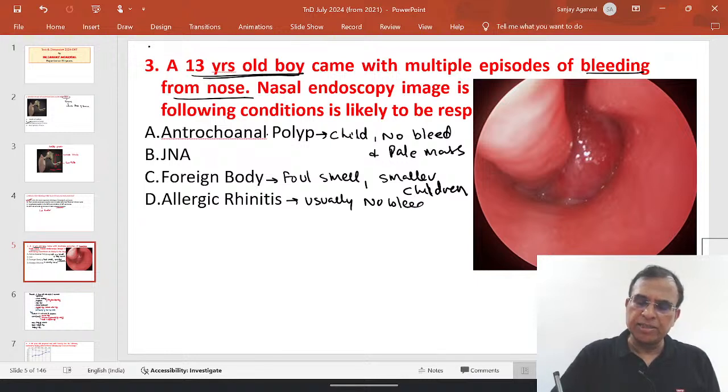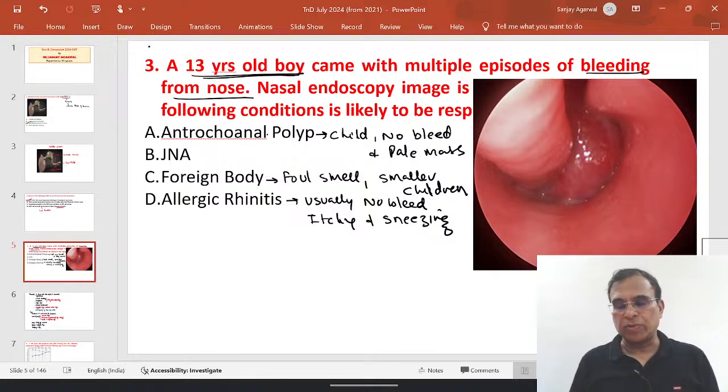In allergic rhinitis, usually there is no bleed, and there is itching in the nose and sneezing. In allergic rhinitis, we have a question on this, so we'll discuss that one. So all these diseases are very different from each other, and that's why it is very easy to rule out other causes in this particular case. So very easy to answer this question.